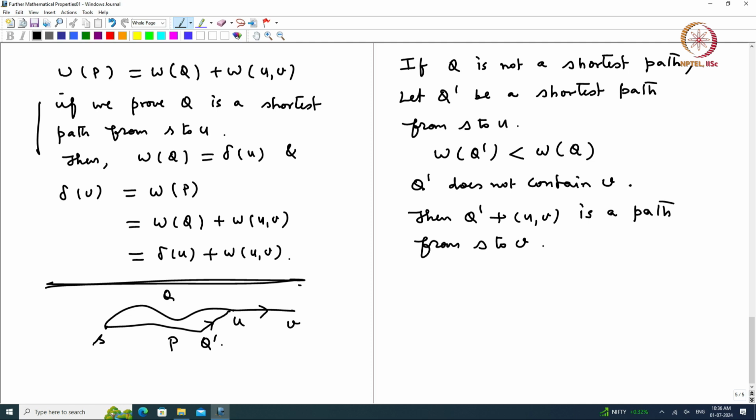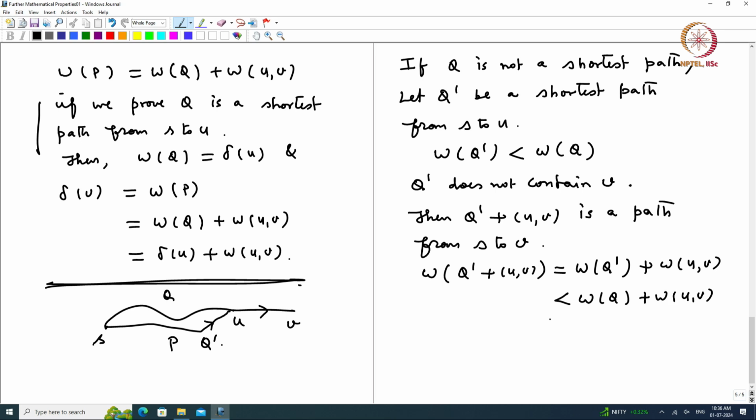So, it is a path from S to V, and weight of Q dash plus uv is equal to weight of Q dash plus weight of uv, but weight of Q dash is less than weight of Q, so this is less than weight of Q plus weight of uv, which is equal to weight of P, which is equal to delta v.